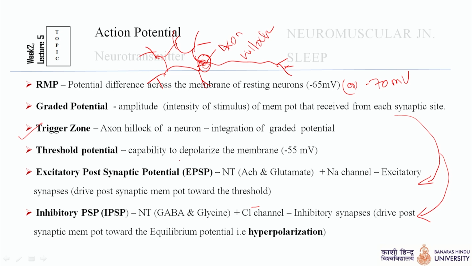Threshold potential is the capability to depolarize the membrane. Usually it is minus 55 millivolt. So from minus 65 millivolt, when the axon hillock or the trigger zone reaches minus 55 millivolt, it immediately causes depolarization. That means it causes the opening of the sodium channels.